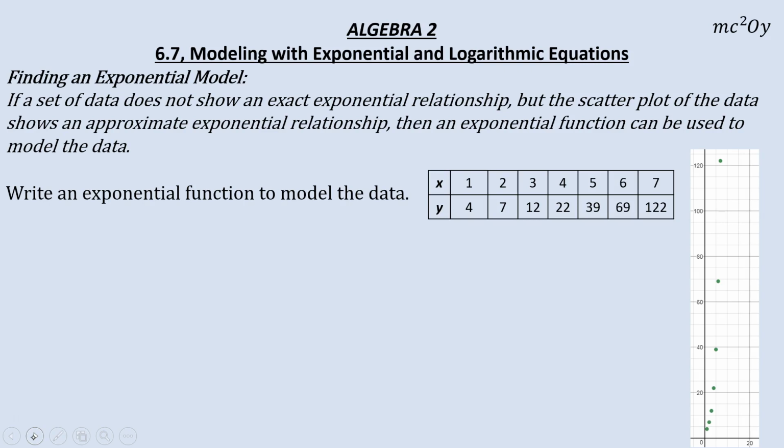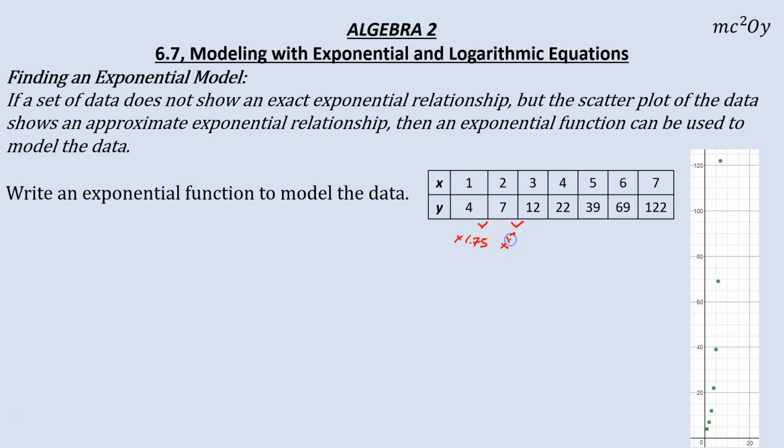First thing we need to recognize is there are times when you have a table that's not exactly exponential. For instance, on this table, if you were to multiply here, you would find that I'm multiplying by like 1.75 here, and here I'd be multiplying by like 1.71.